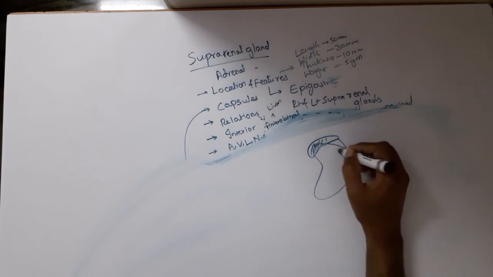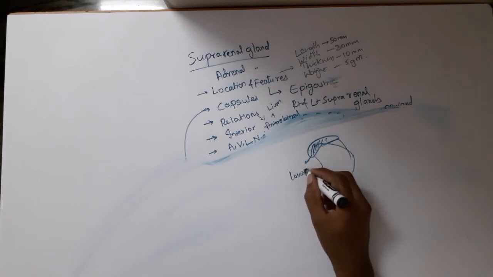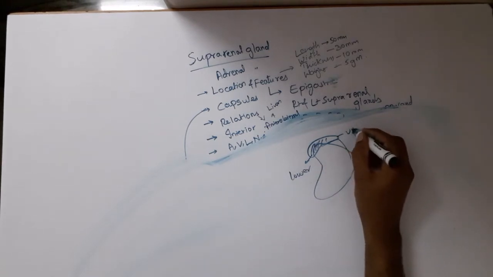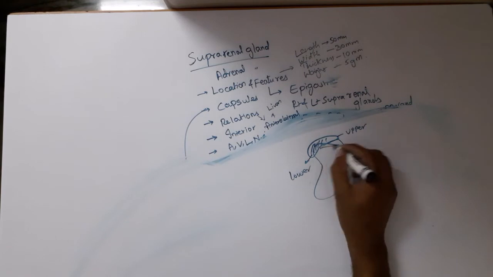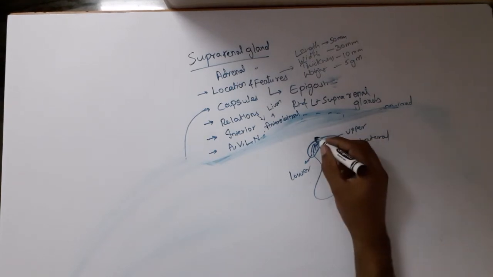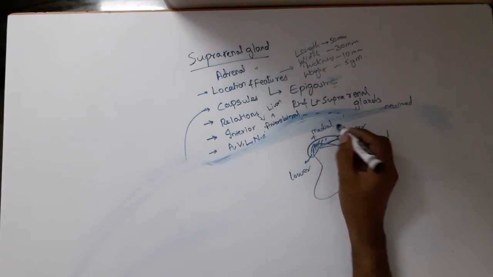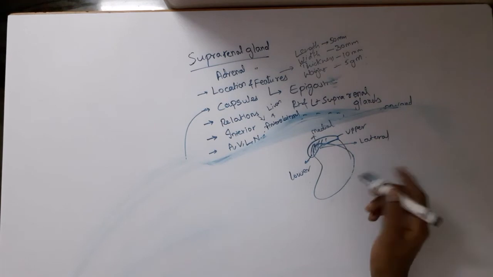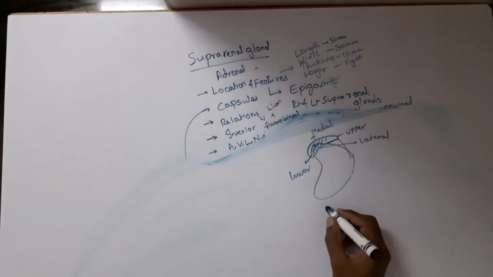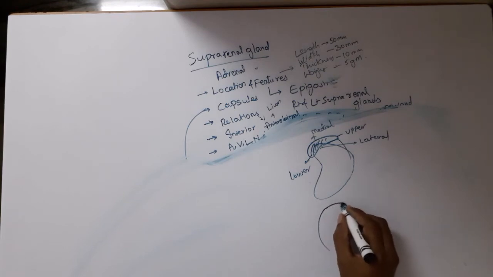It has two ends, this is the lower end, this is the upper end, and two borders. This will be the lateral border, this will be the medial border, and it has an anterior surface and the posterior. So if they turn it the other side, how it looks if you see this from the back.